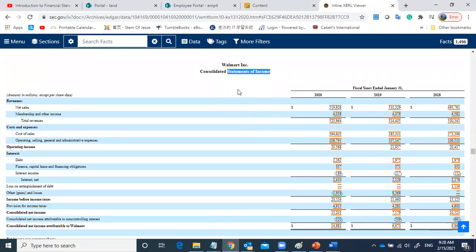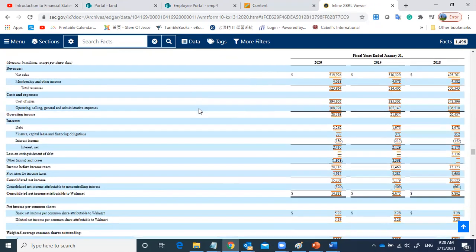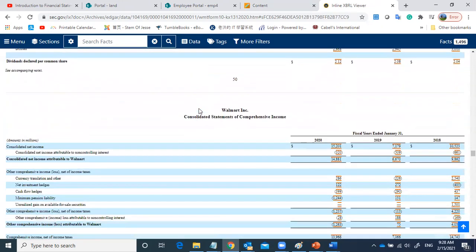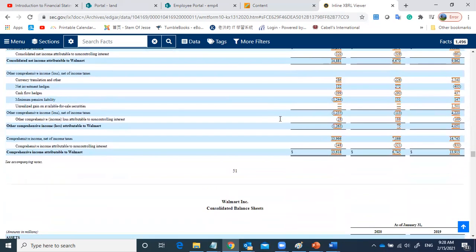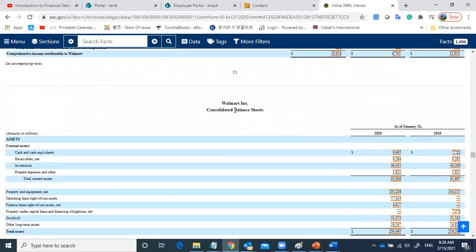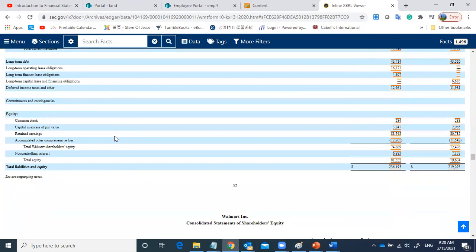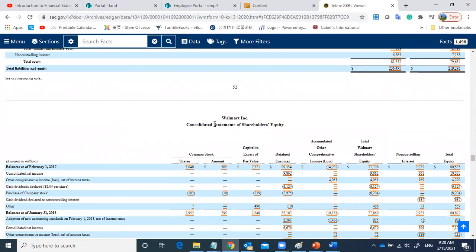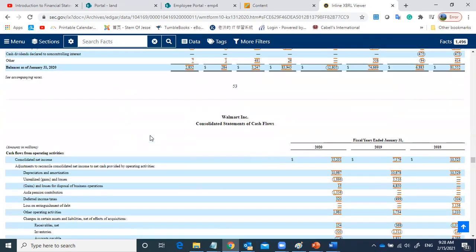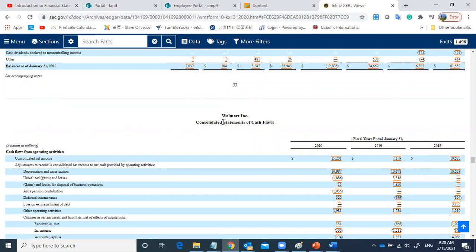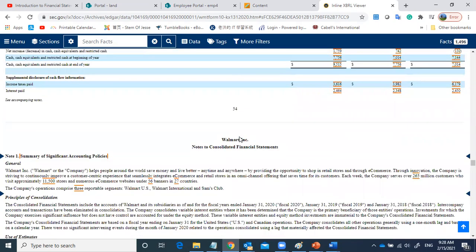Then the statement of comprehensive income, the balance sheet, the statement of shareholders' equity, and the consolidated statement of cash flow. So those are the major financial statements.